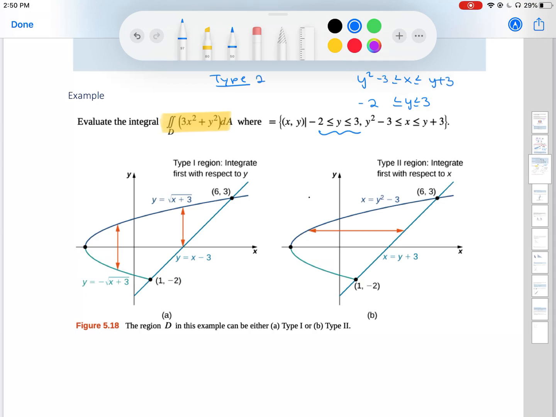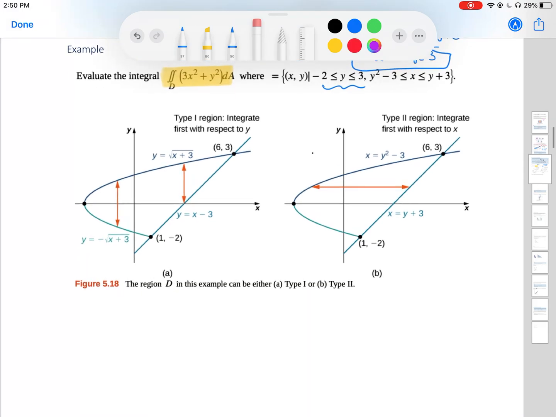So this is actually type 2 because we're reading it from our y-axis, from our points along our y-axis. So if you like to, you can try to rewrite it in terms of type 1 region as you see in the picture, or you can go ahead and continue as it's given.